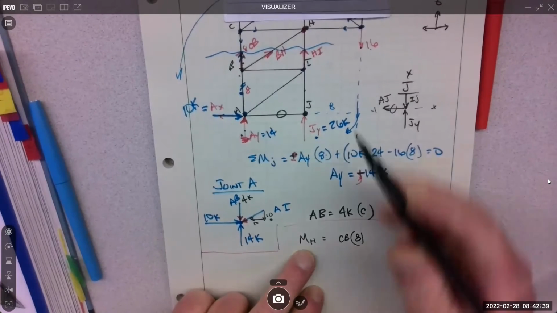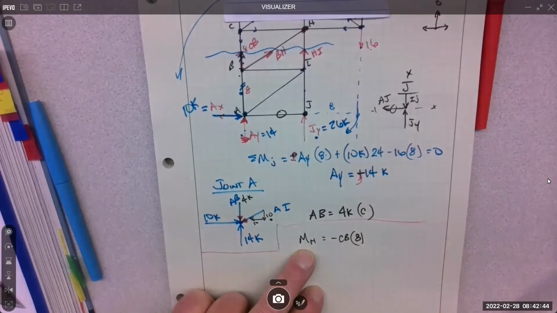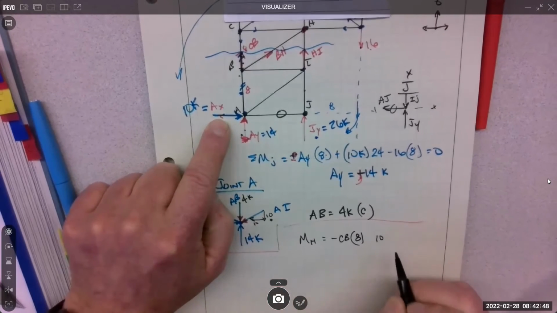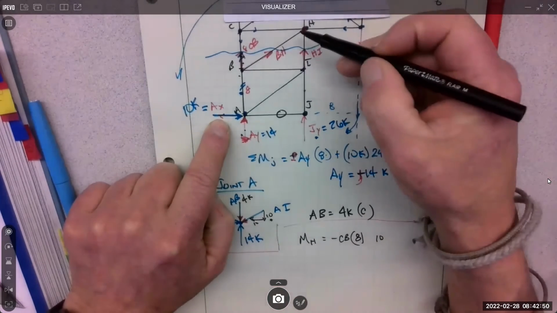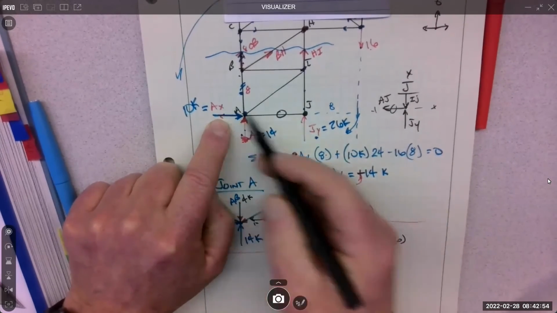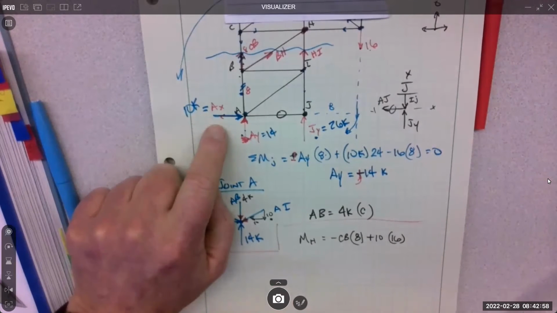Okay. Rotation, negative. AX, which is 10, times 16, rotation, positive.